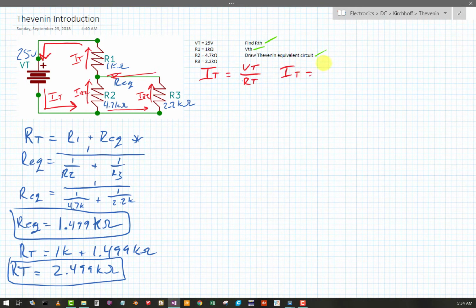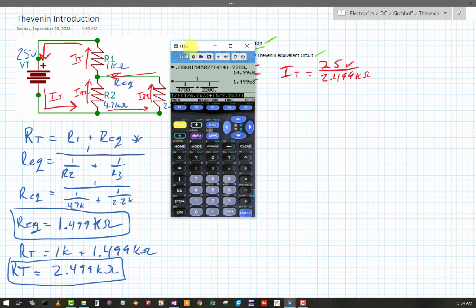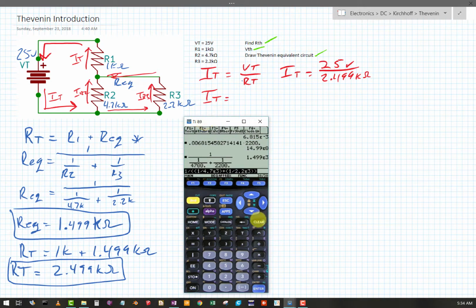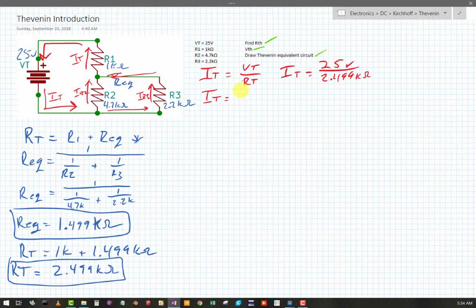I total equals that 25 volts that we had applied to the circuit over R total, which we found to be 2.499k ohms. So I total is going to be a number. Clear. Okay, 25 divided by our less rounded resistance gives me 16.68 milliamps.